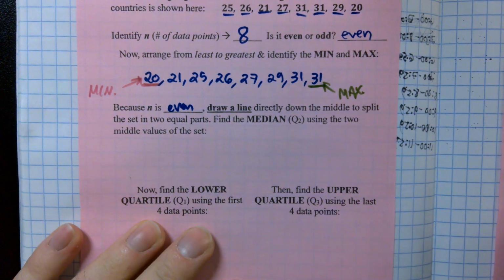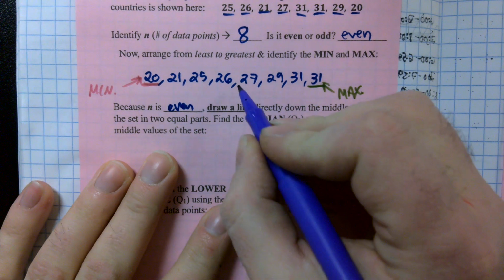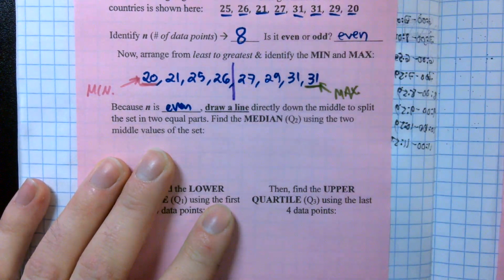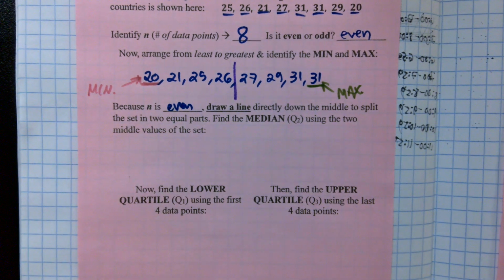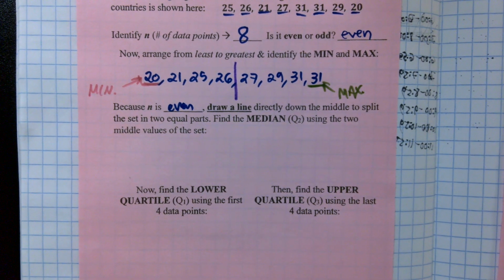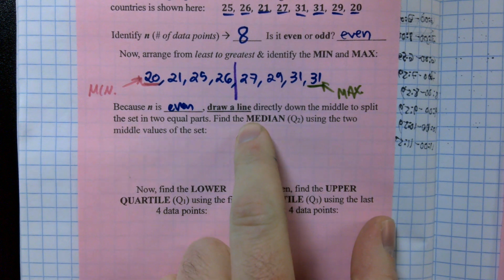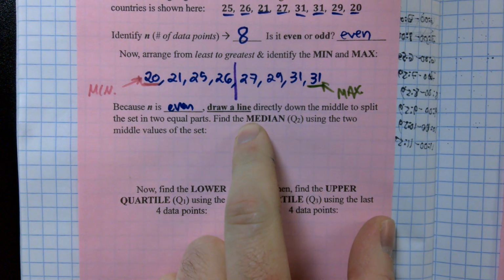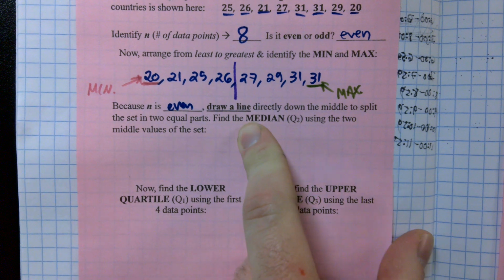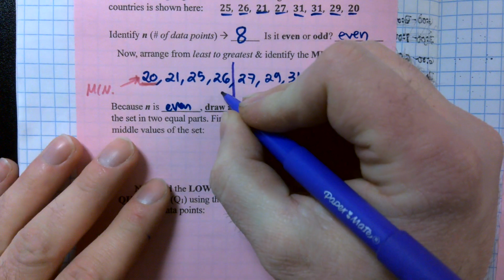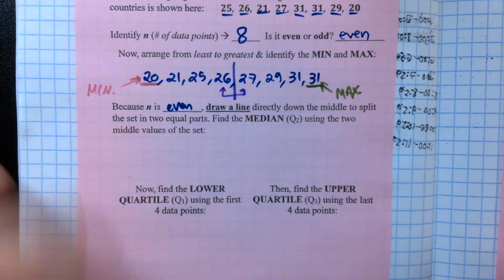So what I'm going to do is draw a line directly down the middle, splitting up my data set into a left half and a right half. Everybody see that? Okay. If I want to find the median, which 2 numbers am I going to find the average of? Yeah, Aaron? 26 and 27. That's right. 26 and 27.